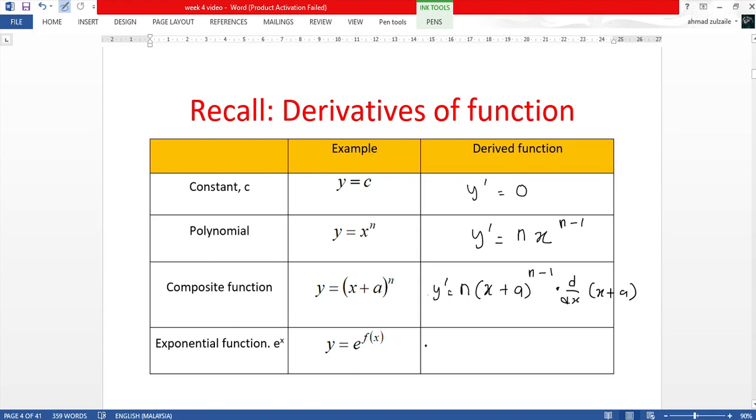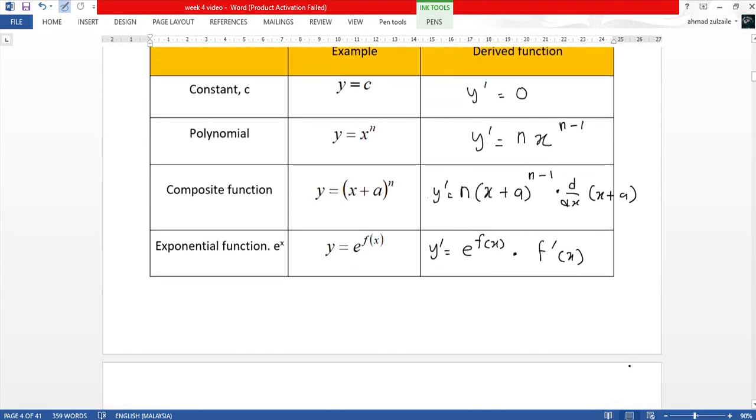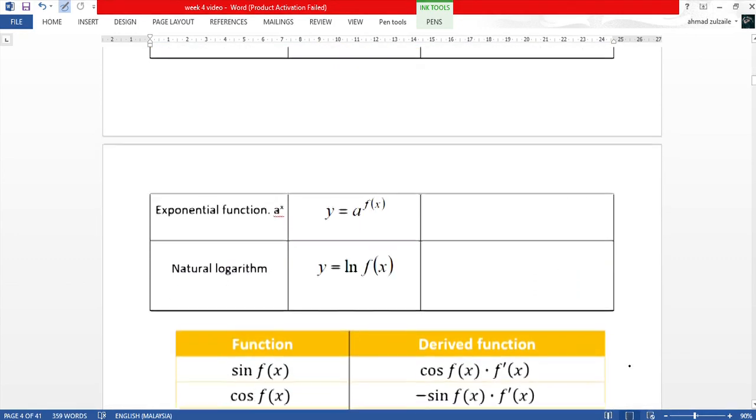Now back to this table, exponential function. y equal to e to the power of f(x). Our y prime is very simple: copy the equation and then again finish with multiplication of the derivative of the function f(x).